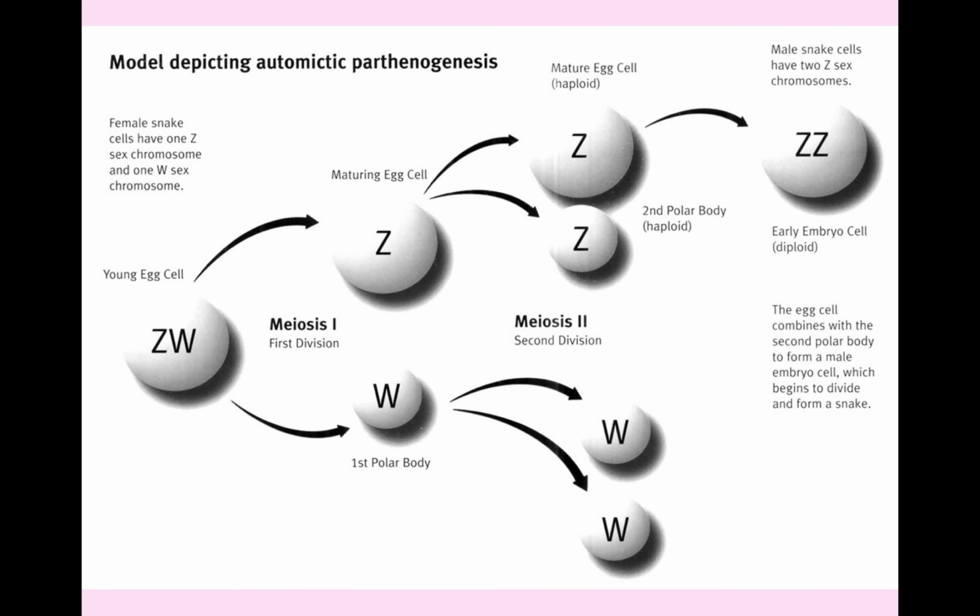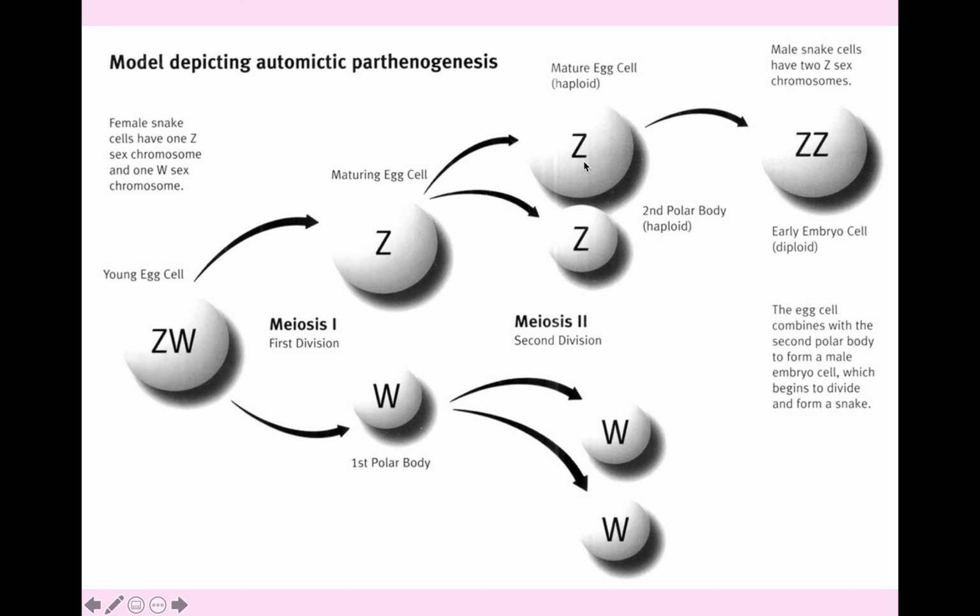We'll get to that. Alright, so let's take a look again over here. What happens when you get this? We know that when you get a ZW, it comes from a female. Upon division, you get another second polar body, and your baby will have double Z chromosomes, which means it's going to be male.